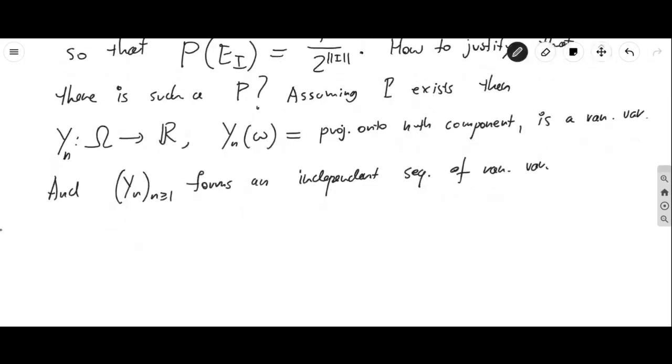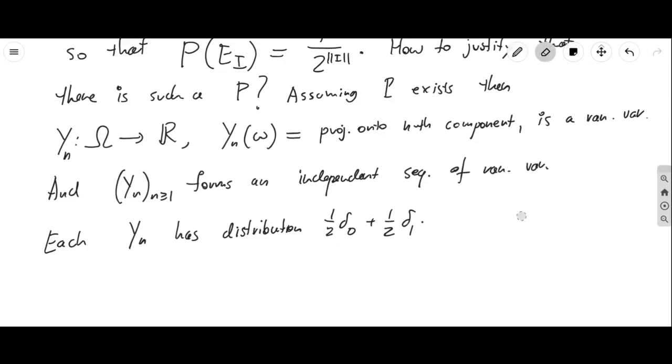And then finally, each Y_n has distribution 1/2 delta 0 plus 1/2 delta 1. That it only has 2 possible outcomes, 0 and 1, and they're equally likely to happen. So everything has been justified.